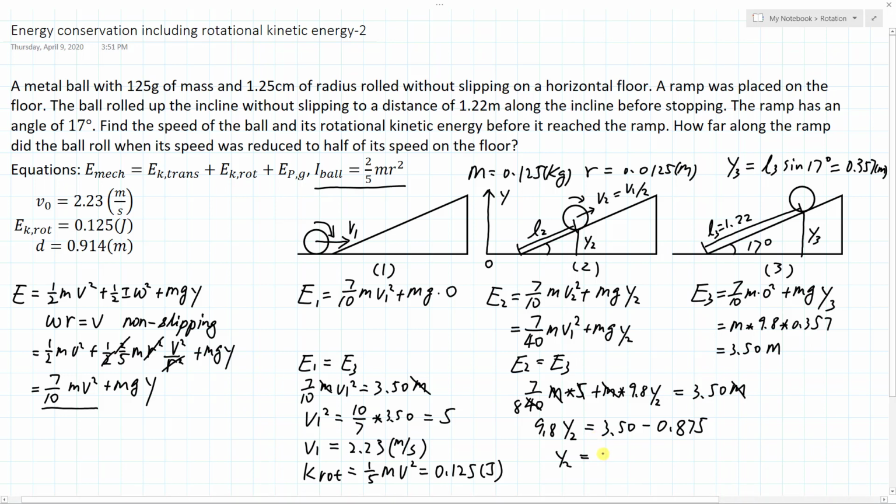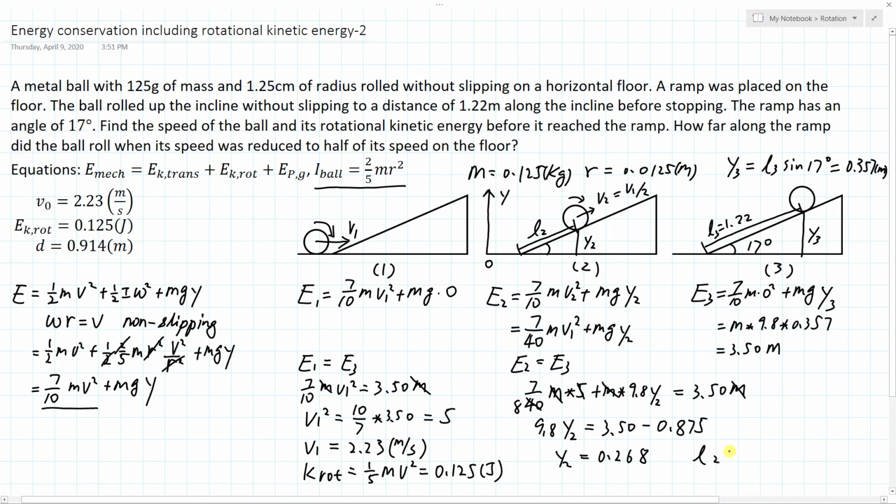Okay, so we're back. This is 0.268, and we were asked the length, how far along the inclined plane. So I need to calculate that back because I have this relationship. The height and the length are related this way. So the length is equal to the height divided by the sine of the angle.